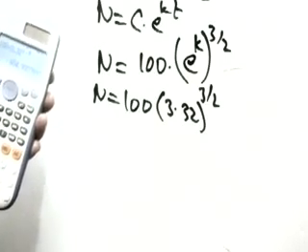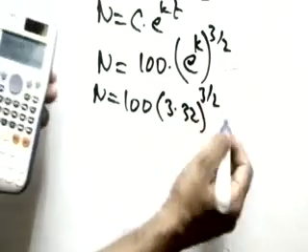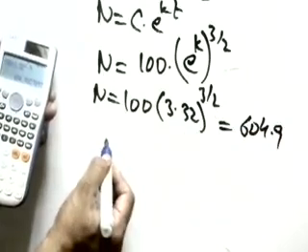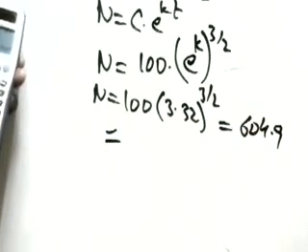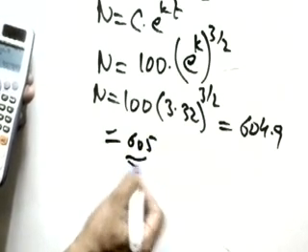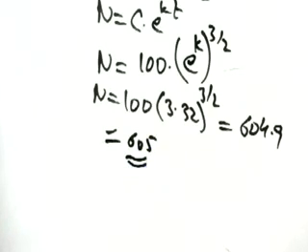We get this as 604.9, approximately. We can take 605, because bacteria count should be a natural number. So the number of bacteria after 1.5 hours will be 605.